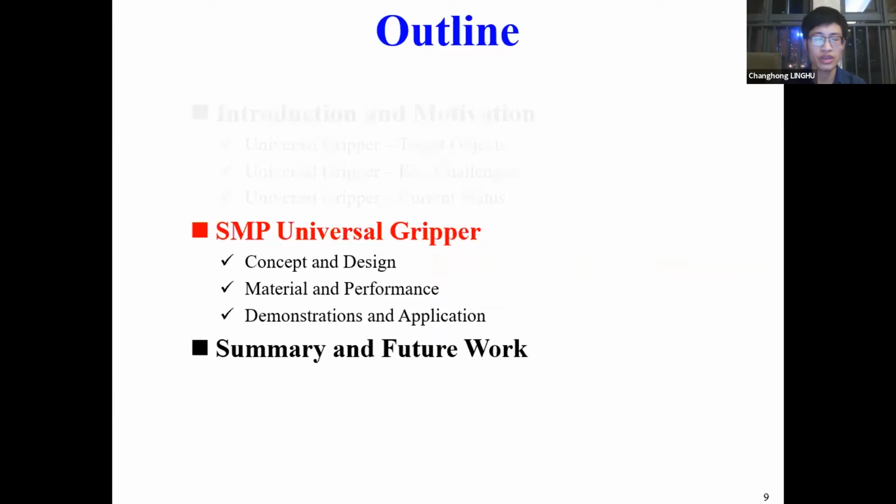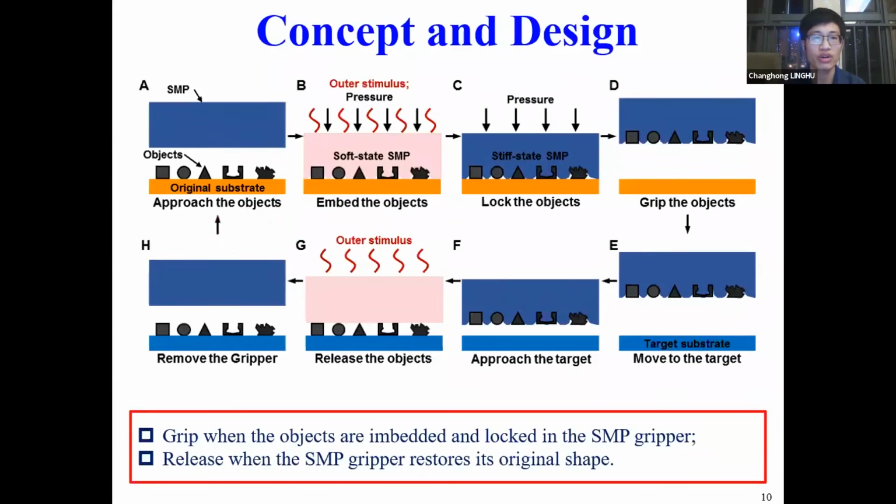Here we propose a universal assembly gripper design based on shape memory polymer. This illustration shows the gripping and release process.